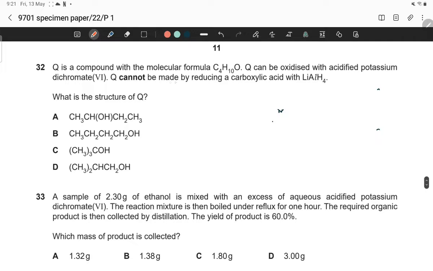Q is a compound with the molecular formula C4H10O. Q can be oxidized with acidified potassium dichromate.